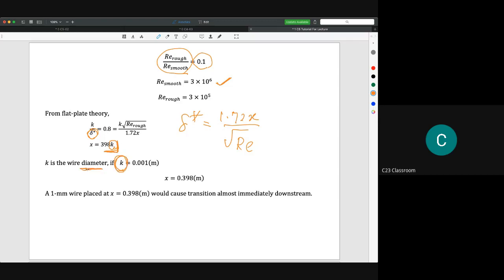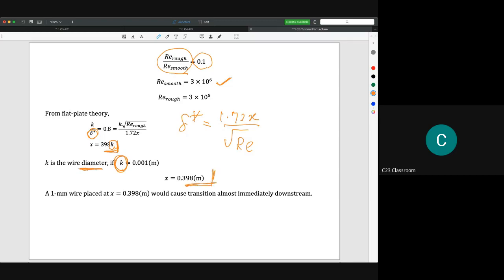This is the wire diameter, but actually the idea is to know the height of the roughness. Because it is circular in shape, we take the diameter of the wire. So it is 0.001, and x will become 0.398 meters.